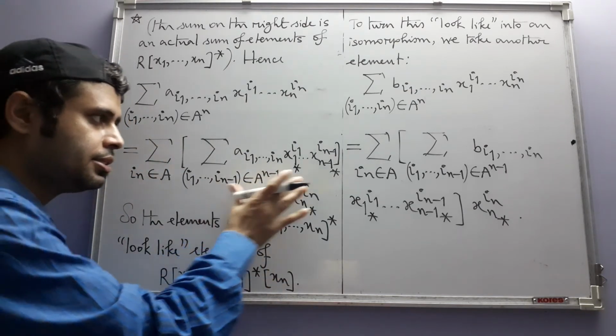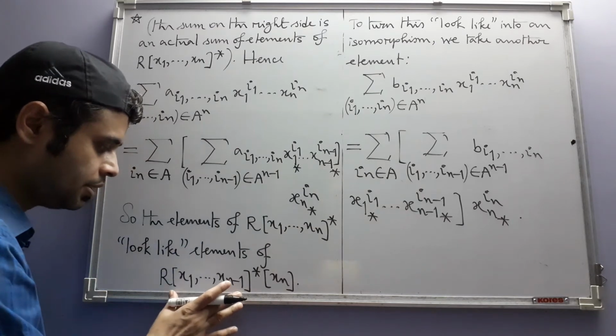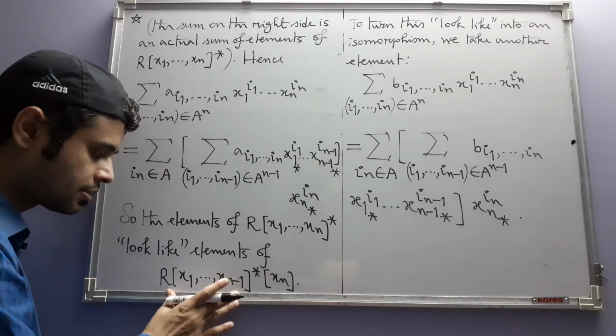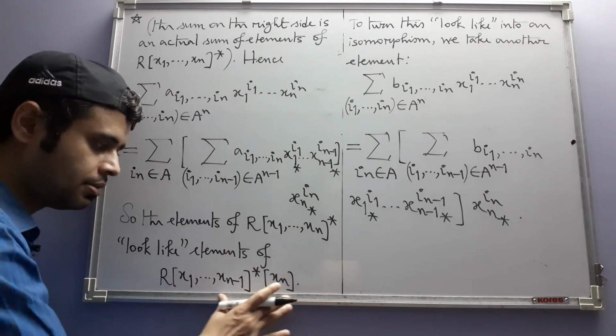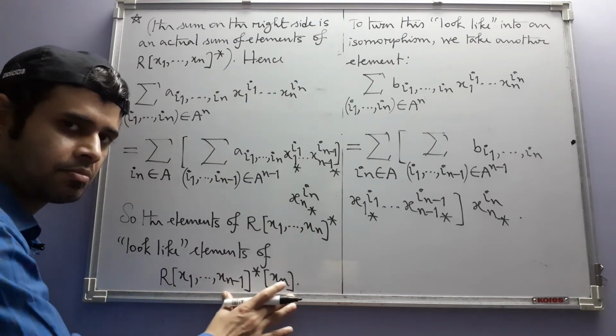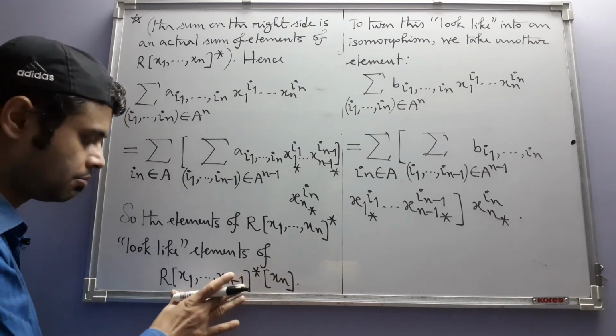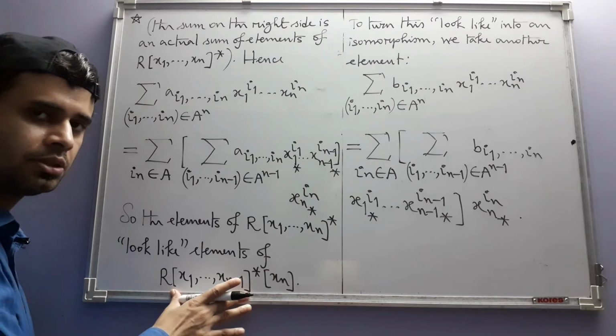When you are adding this expression with this expression, you can view your addition as happening in this ring, which is a polynomial ring in Xn, where the coefficients are coming from here.